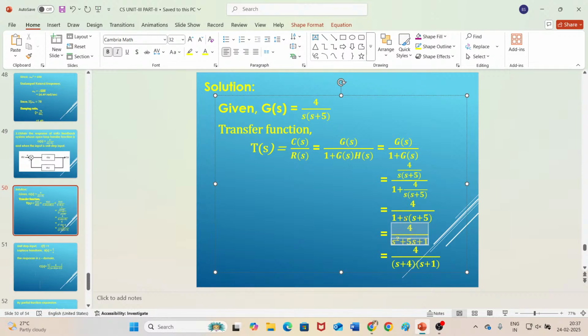So 1 into S square plus 5S plus 4. So earlier whatever was there, it was right. Something is wrong. I think I have missed some term here. Please check that, and whatever term you get, inform me in the chat box. I think I have missed something.